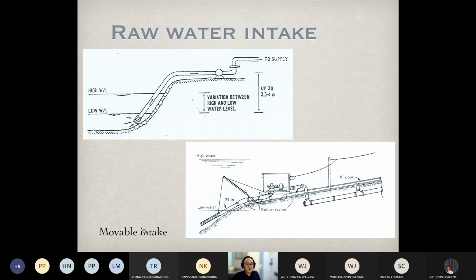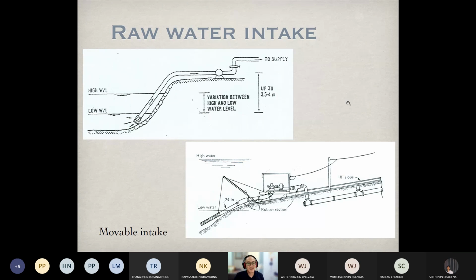This one is also the movable intakes. I think this one is one of the most common intake equipment that we could see in the rural area, especially the farmers. They use these pumps to withdraw the water. And as this is the movable intake, once they finish their job, they just dismantle it and bring it to their home.